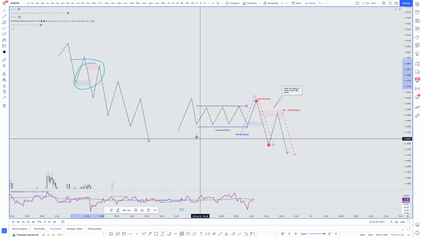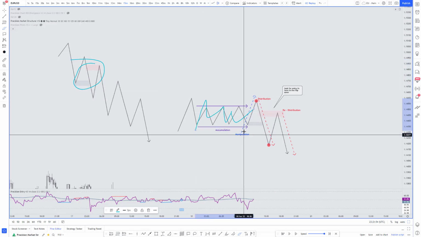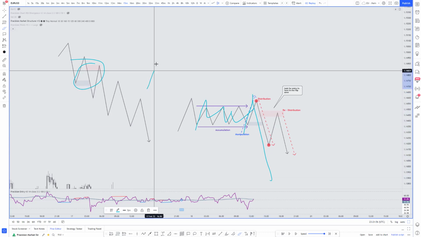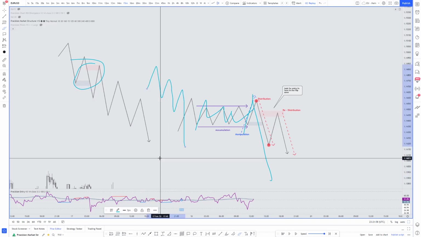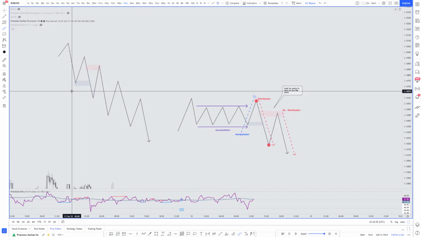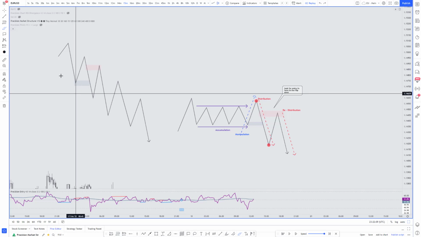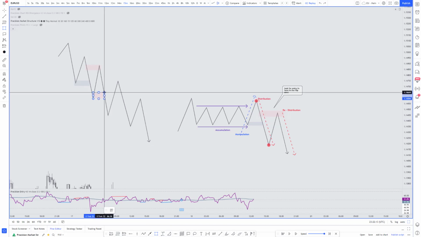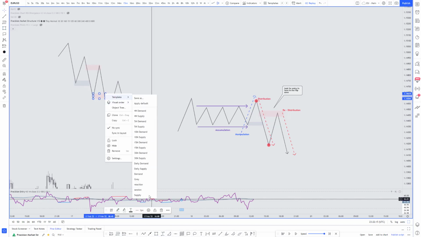And ultimately, whether a range is created first and this happens, or we're just in a trending market, there's always going to be a supply that flips a demand or a demand that flips a supply. And these are kind of the areas that we're looking to get in, these flip zones. And these flip zones happen over and over. You can identify them pretty easy.